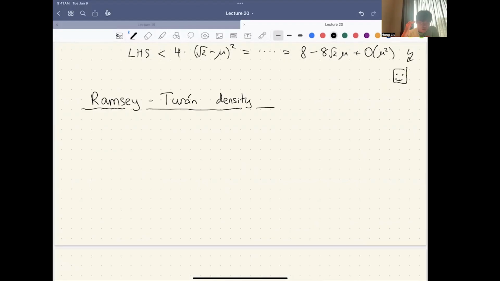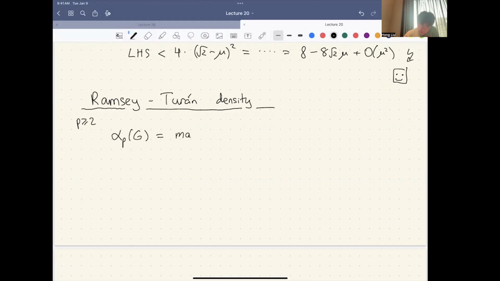Let's first recall this definition of alpha sub p of G. If you take p to be a natural number, at least 2, this is the p-independence number.